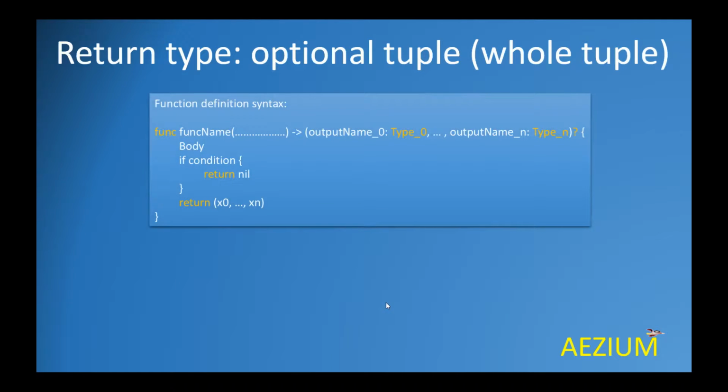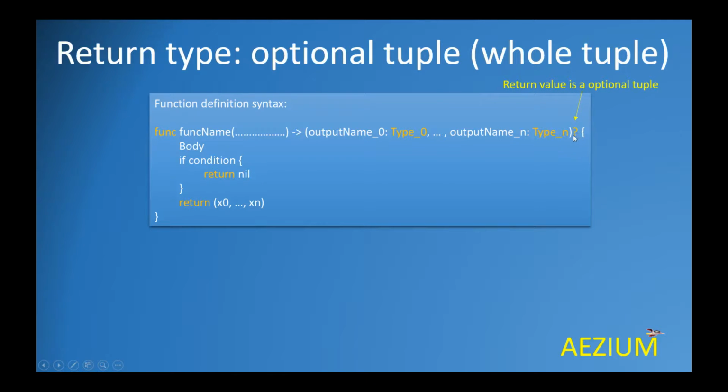In Swift, it is possible for a function to have a return type which is an optional tuple. Here is an example showing such a scenario. The syntax that we use is the same as before.